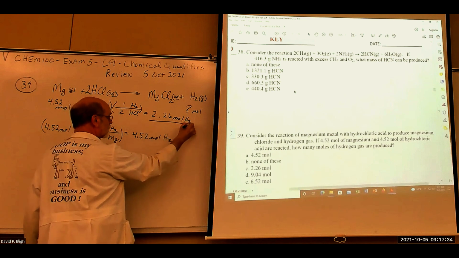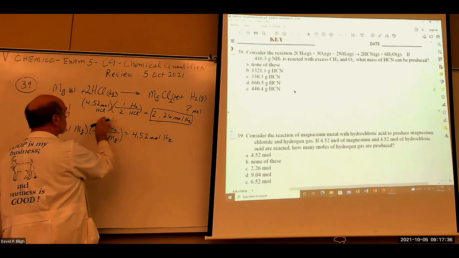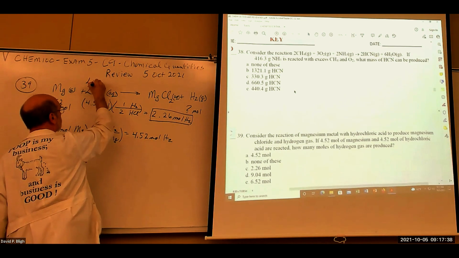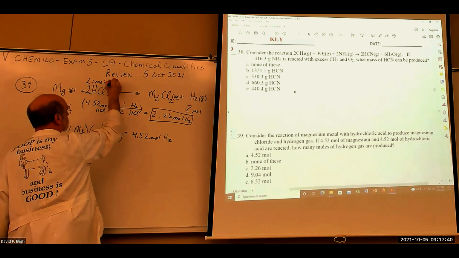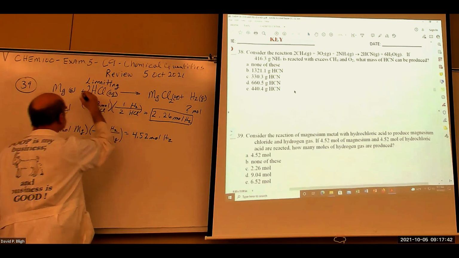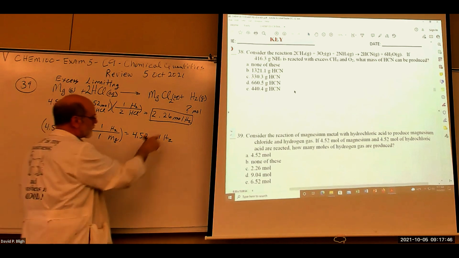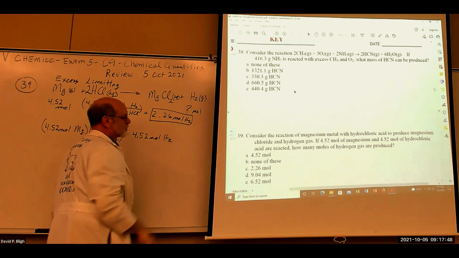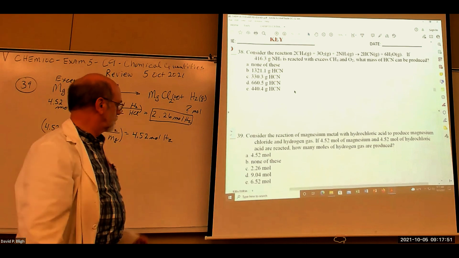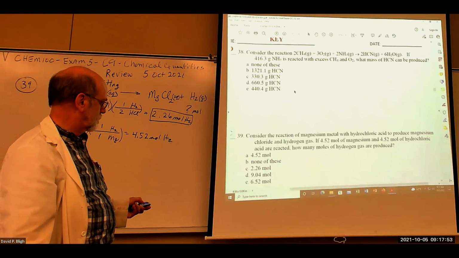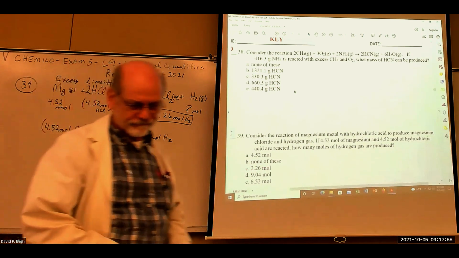So this is the limiting one, and this is excess. So this is how much hydrogen is produced, 2.26 moles here. Okay?